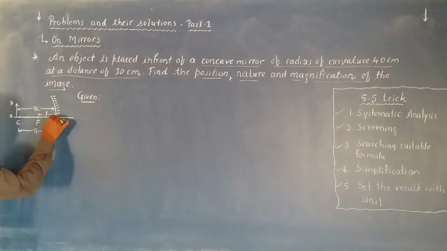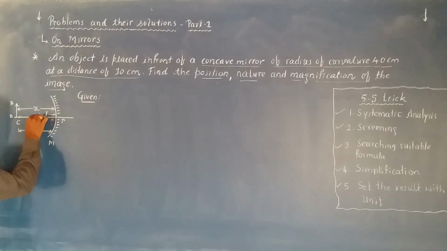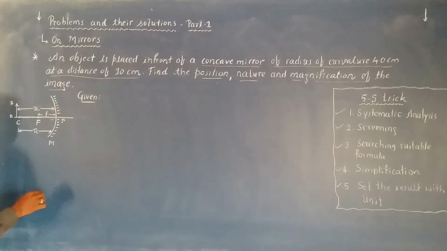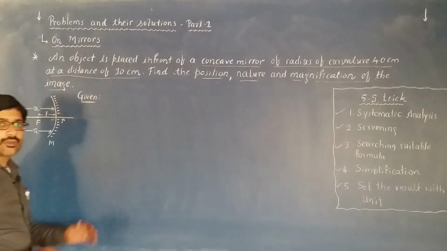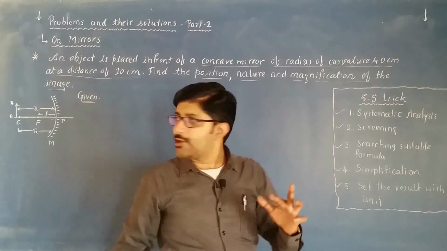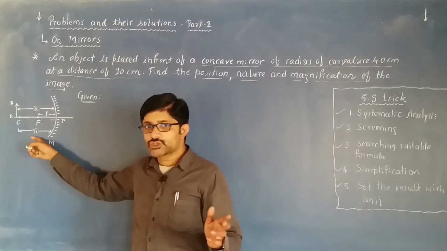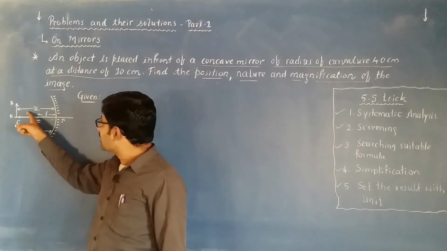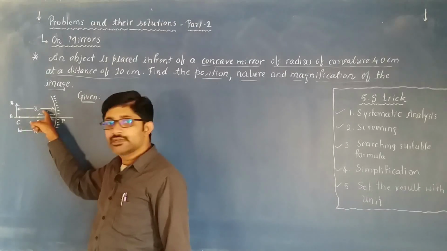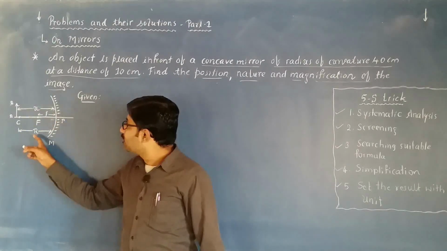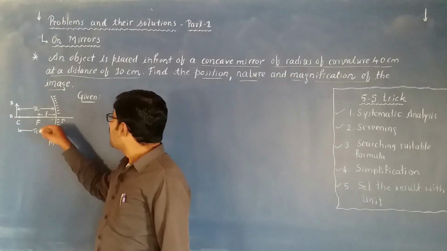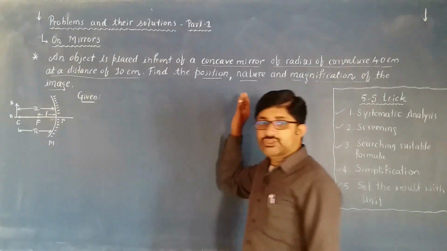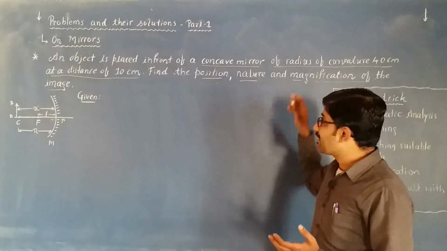M. We plotted the pole of the mirror P, principal focus or focal point F, and center of curvature C. Therefore, the distance between C and P will be our radius of curvature, and if you keep the object at some 10 centimeter distance, that will be the object distance as per the problem, and you need to find out the image distance along with the nature as well as magnification.